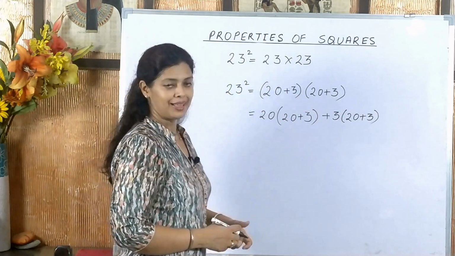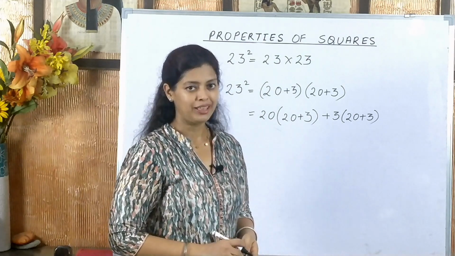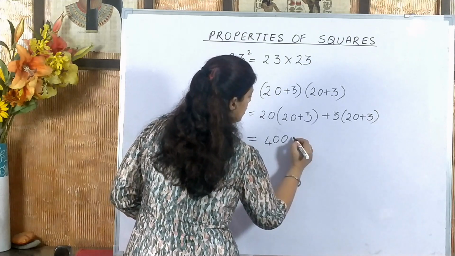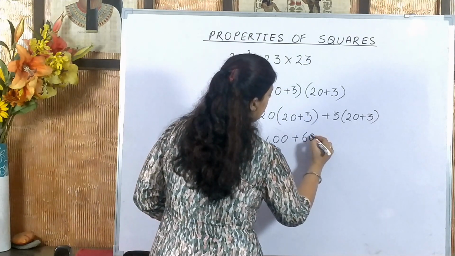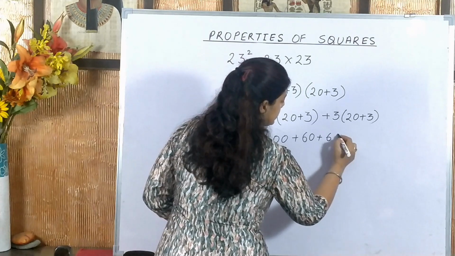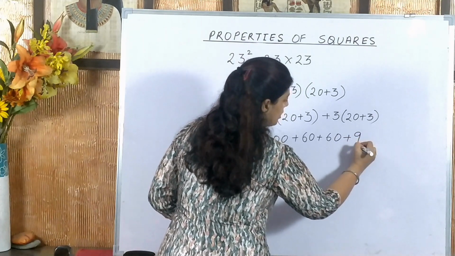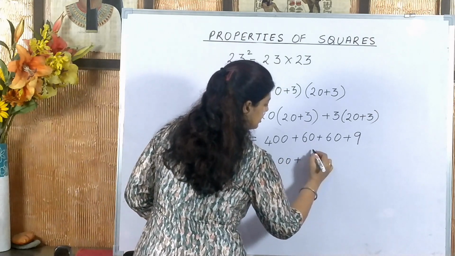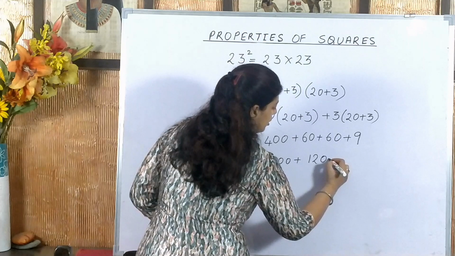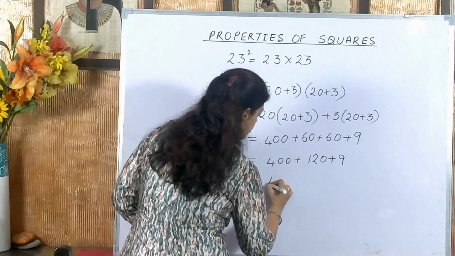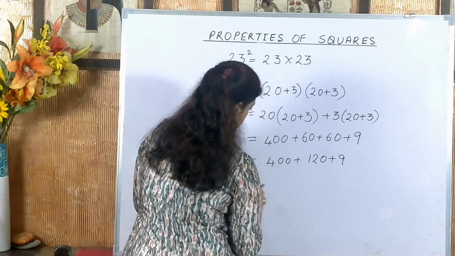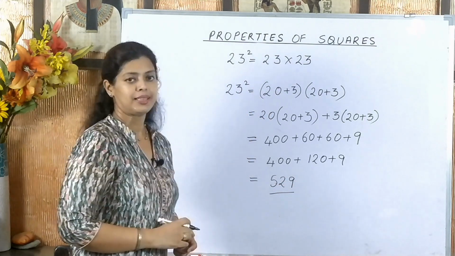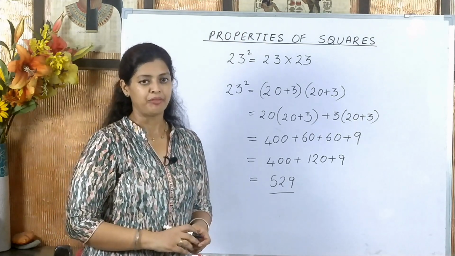We are using the distributive property of multiplication over addition, which is equal to 20 into 20 gives 400 plus 20 into 3 gives 60 plus 3 into 20 gives 60 again plus 3 into 3 gives 9, which is equal to 400 plus 60 plus 60 is 120 plus 9, which is equal to 529. This is another way of multiplying and finding the square.